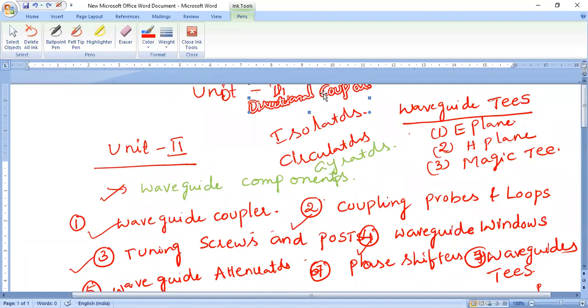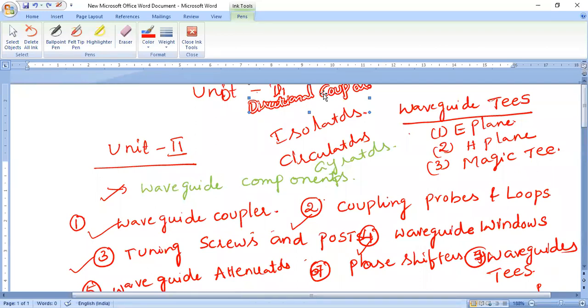I think you heard all these words in your microwave lab, because without waveguide couplers, waveguide attenuators, E-plane, H-plane T, you would not have done the setup. Yes or no? Any one thing you heard out of these?